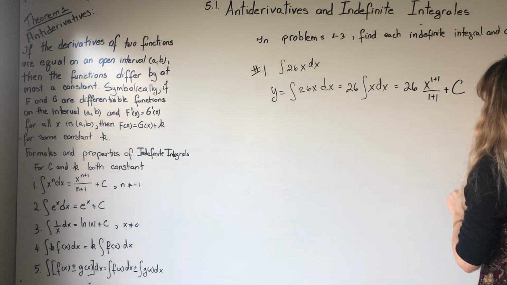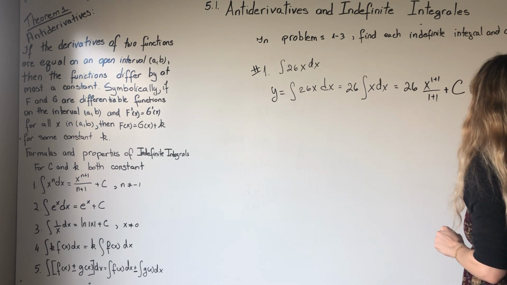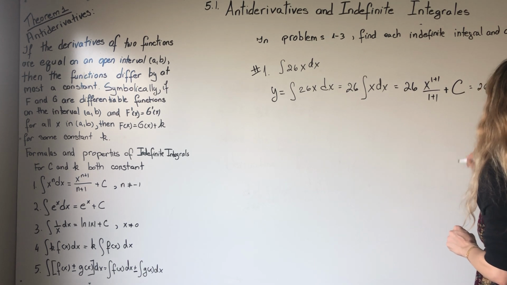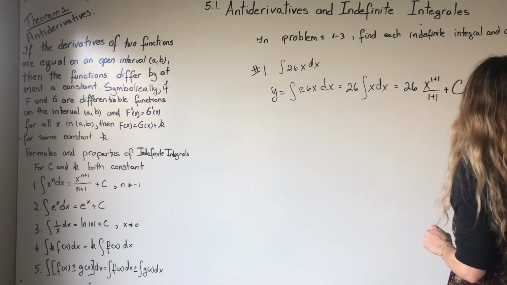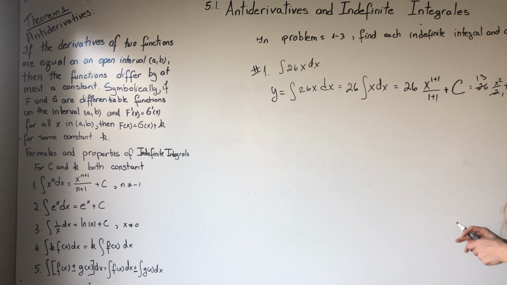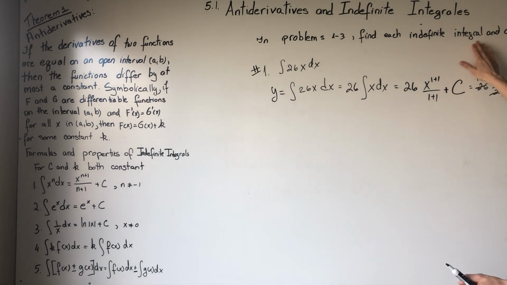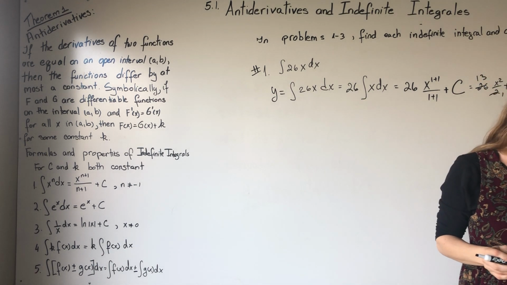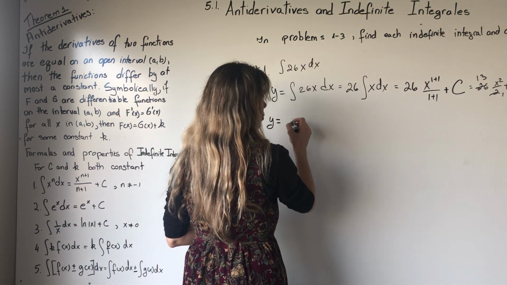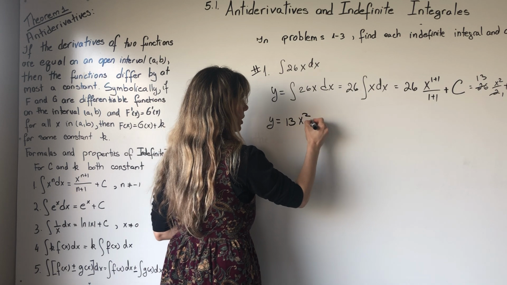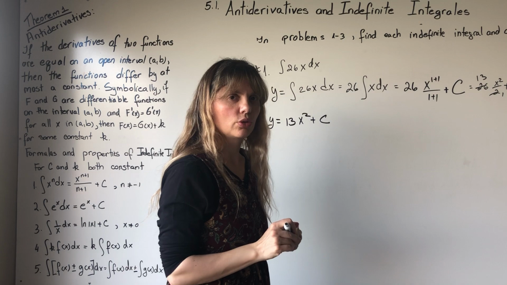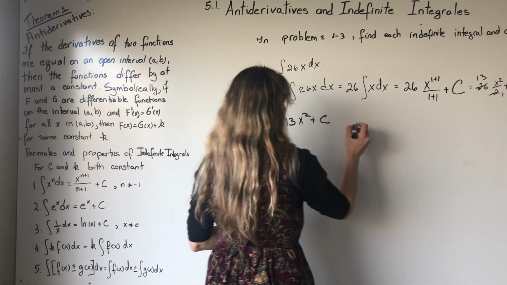So this is equal to 26 times x squared over 2 plus my constant c, and this simplifies. So I have 13x squared plus c. Now I have to check by differentiation, right? So y is equal to 13x squared plus c. Now I do dy over dx.